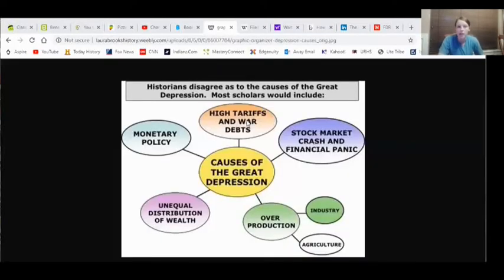Stock market crashing, high tariffs, the policy that we had where people were overspending and allowing people to buy on credit, unequal distribution of wealth. So we have people who make a lot of money and people who make only a little bit of money. And then overproduction from all the stuff that we have been doing with industrialization, bam, bam, bam, get it all out. And then everything just came crashing down. So these are some of the causes of the Great Depression.